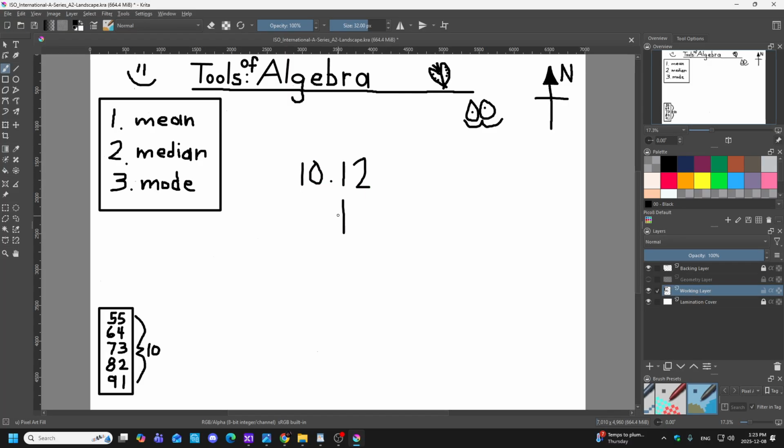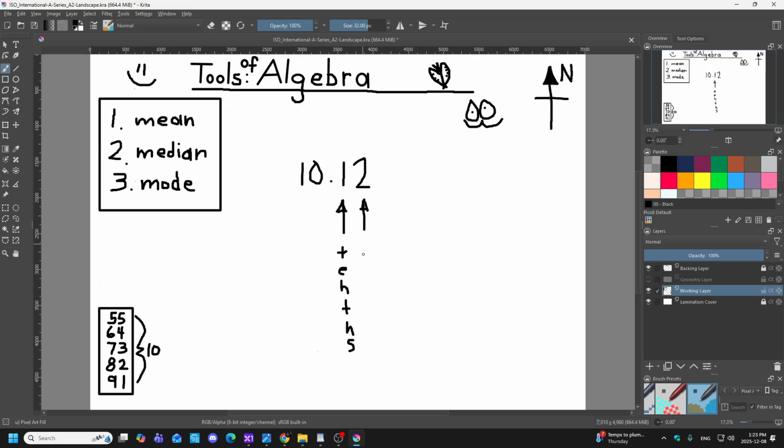So what they mean is, this is the tenths, because there's no such thing as a ones place. And this one is the hundredths.